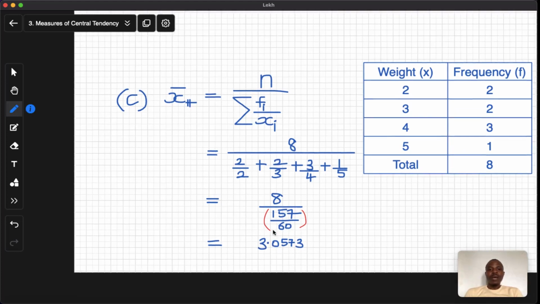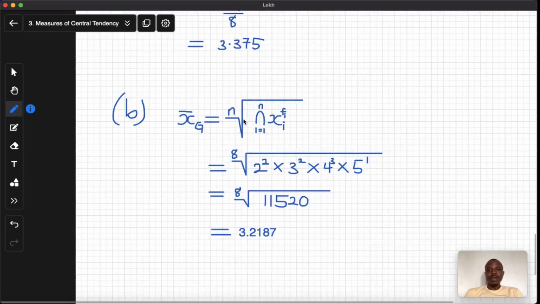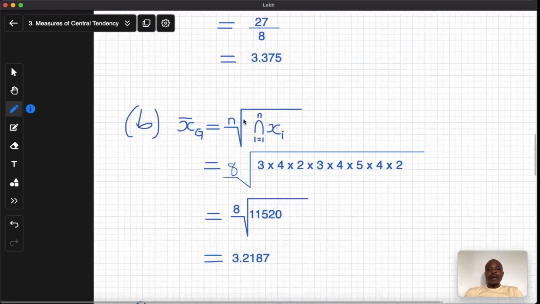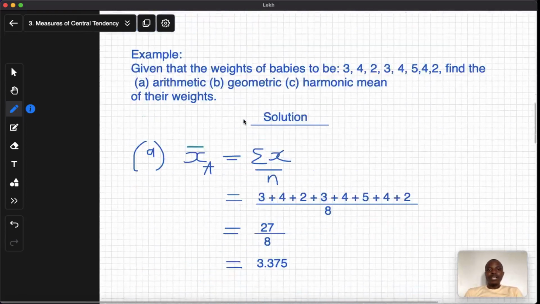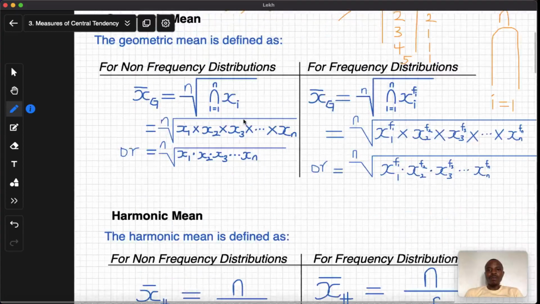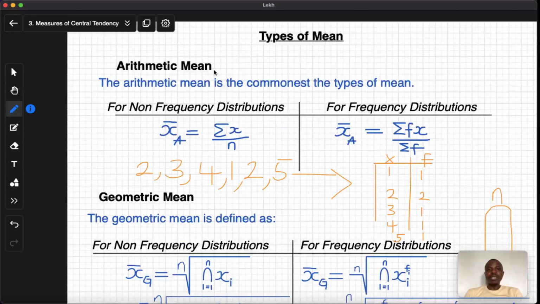All right, so having looked at all of these types of means, there are certain advantages and disadvantages of the means. I would like you to look for them and know them, but I'll just give one. The arithmetic mean is sensitive to outliers. You may not know what an outlier means, but sometimes you may have values that are extreme.